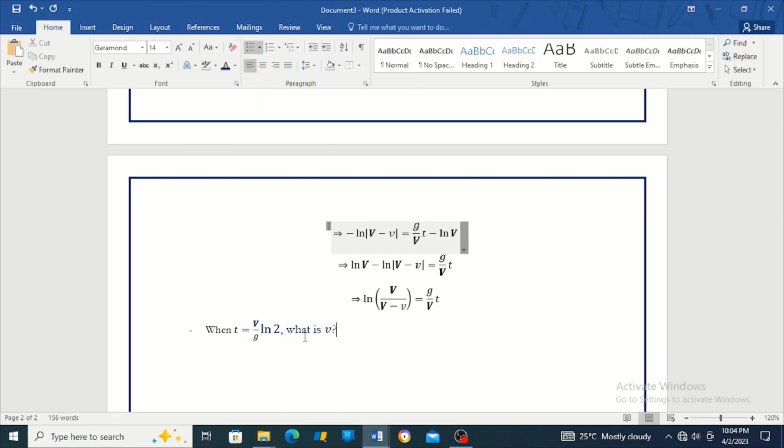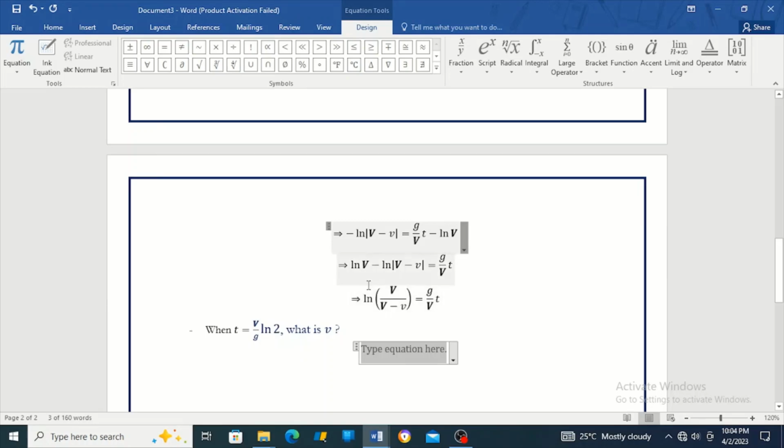What is v? I go to my expression above and look for v. We're actually proving that v is equal to something. So all of this will be equal to g divided by v times my t. This is my t, I just replace it with its equivalent. So you have all of this.